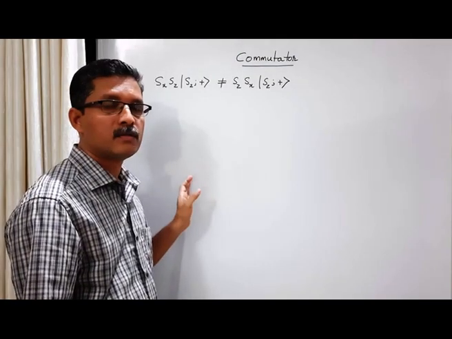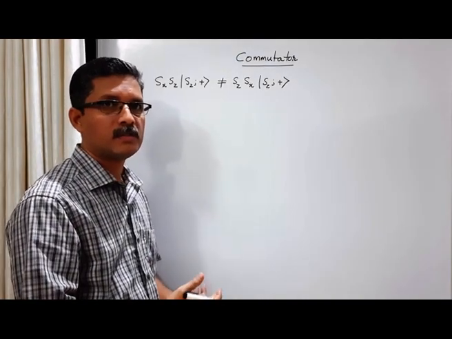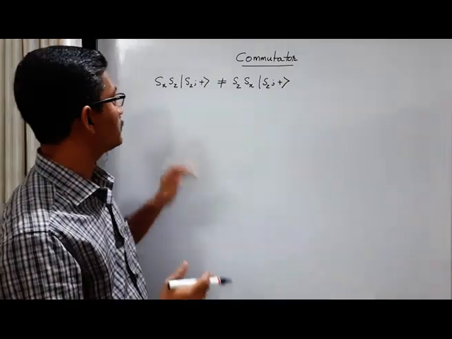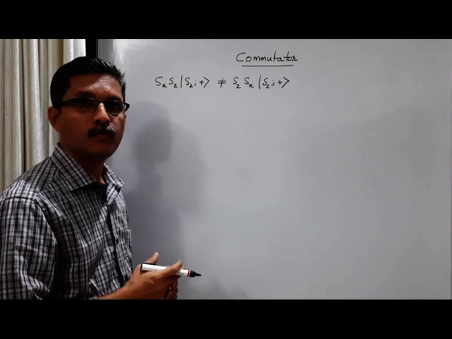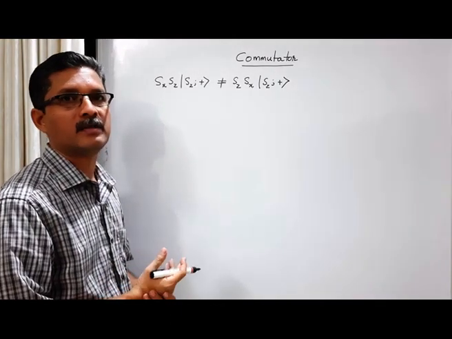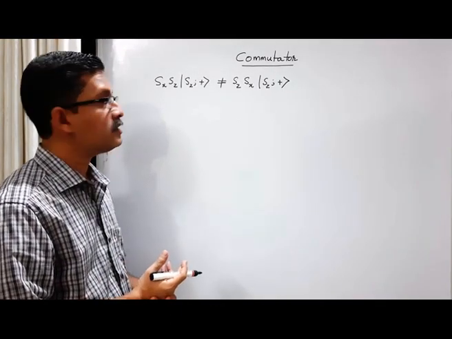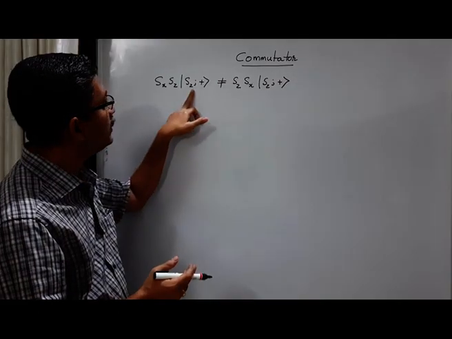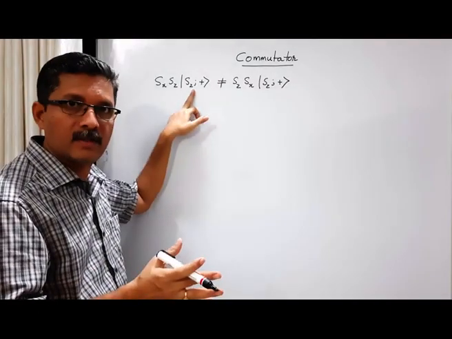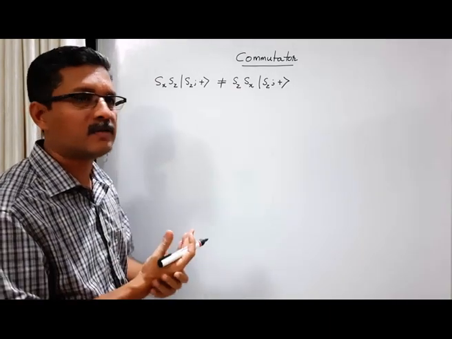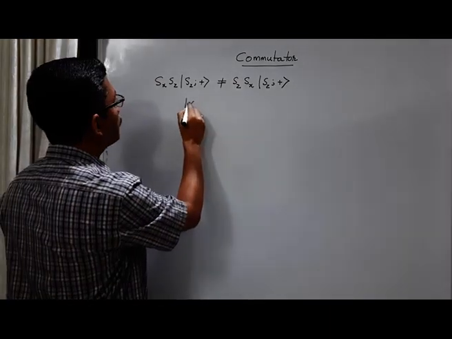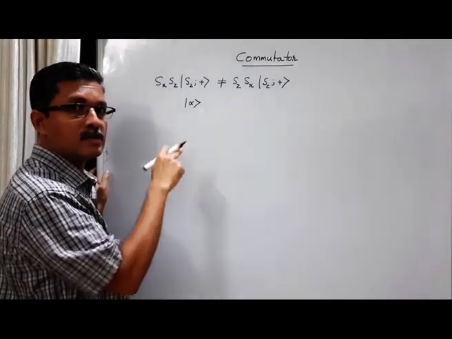Okay, this is what we get. So from the analysis of the two sequential Stern-Gerlach experiments, we have got this result. Now this result is true for any arbitrary ket. That means even if the initial state is something else, not Sz plus, but some other state, let us say some arbitrary state ket alpha, then also this result is correct.